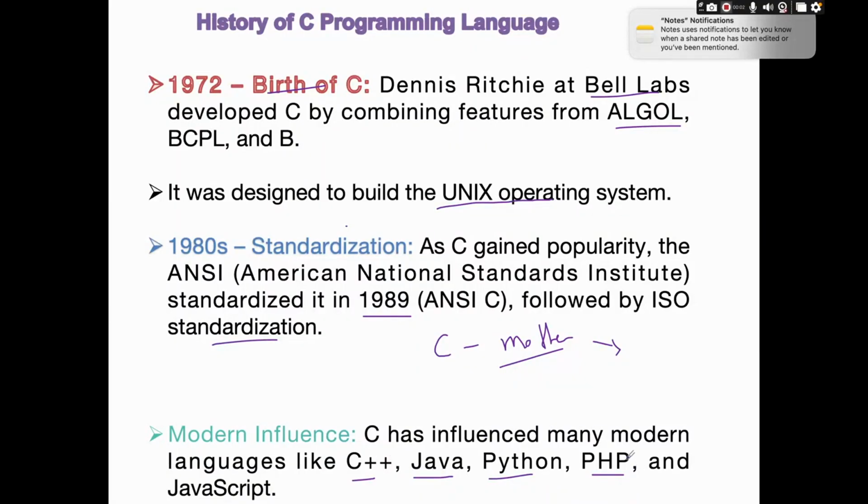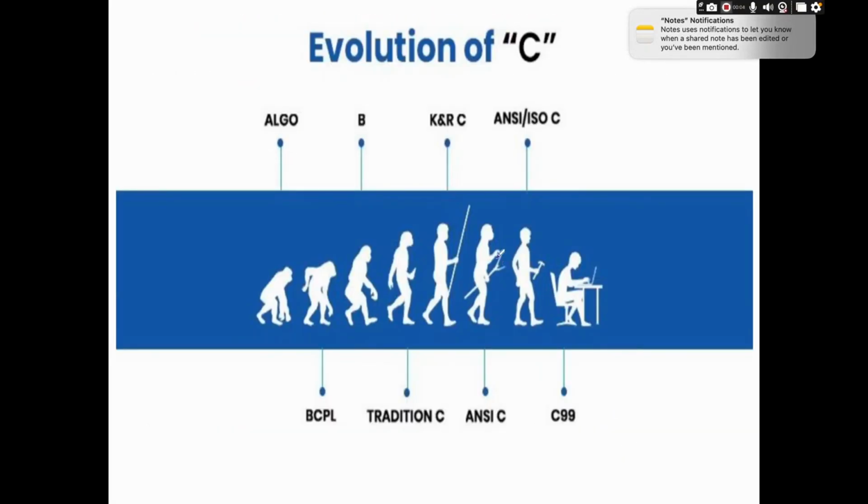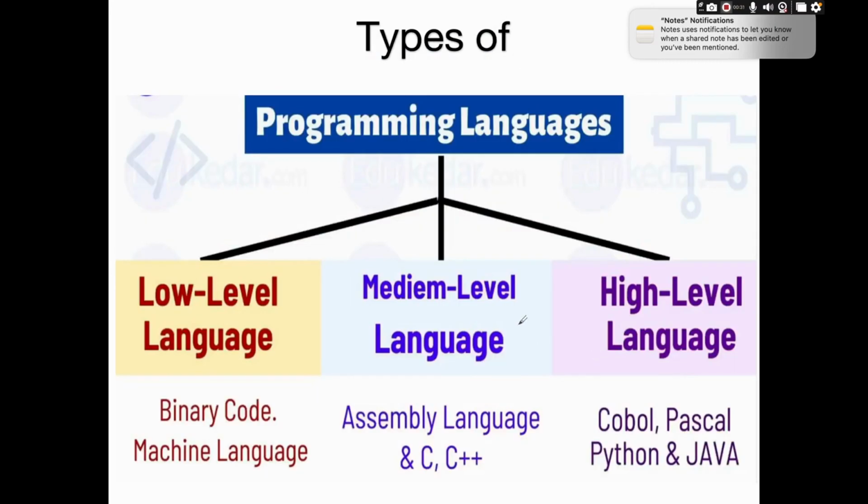Now we have looked into the C evolution, starting with ALGOL, then BCPL, after that the B language, and then Ken Thompson and Dennis Ritchie invented C. Then it became standardized and was given a new edition, C99, with added features.